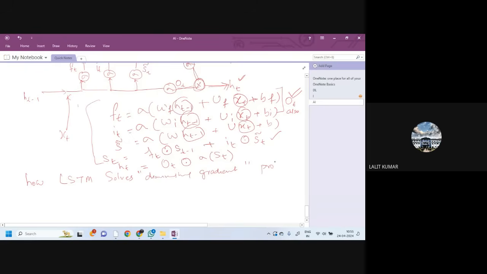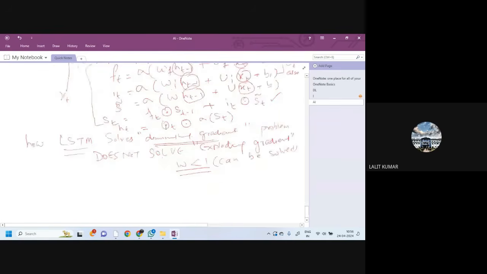First of all, LSTM does not solve exploding gradient. But that can be solved, as we have seen, by making W's less than 1. It only solves diminishing gradient.